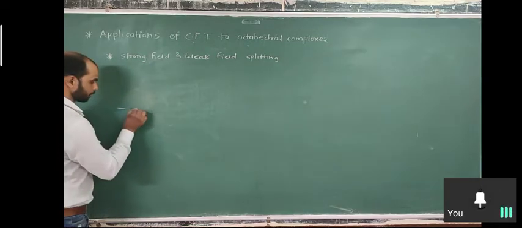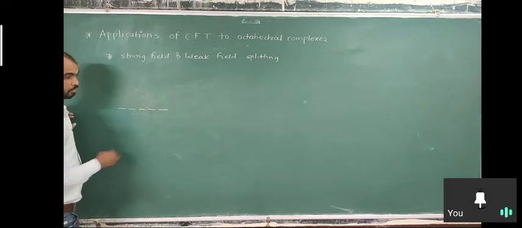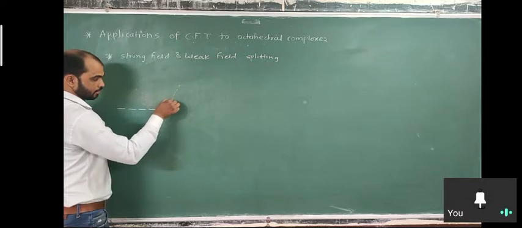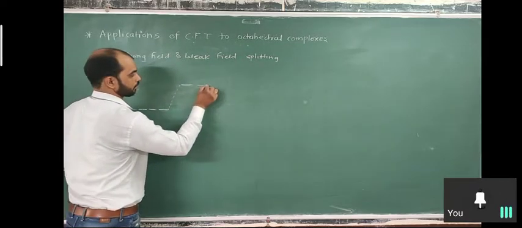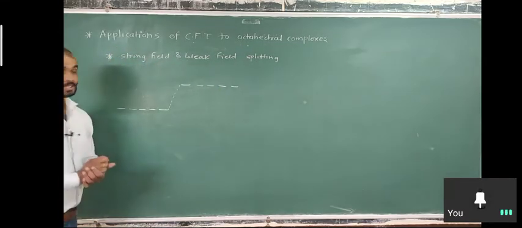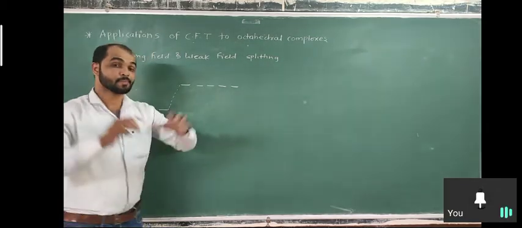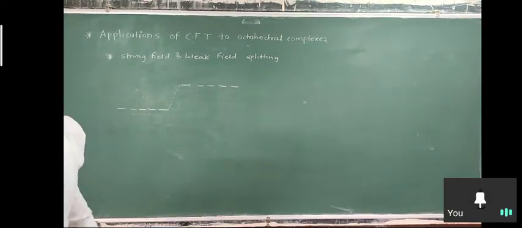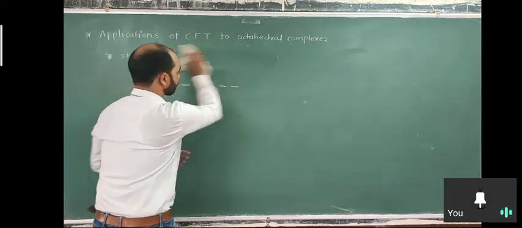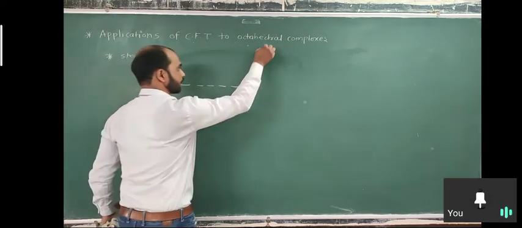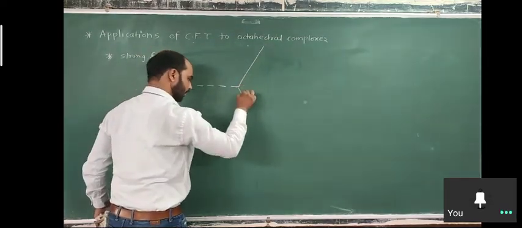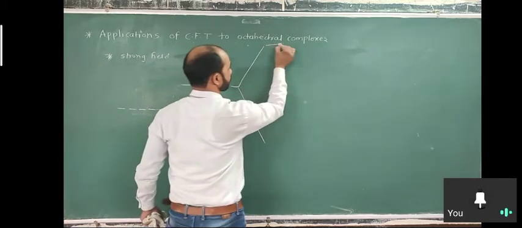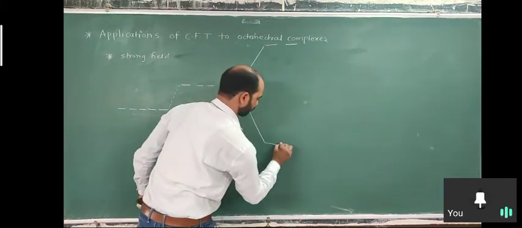Here we are going to discuss this. Suppose we consider 5 electrons in the free state. This is a hypothetical condition. If there is a higher 10 Dq value, we represent it here as 1, 2, 3.